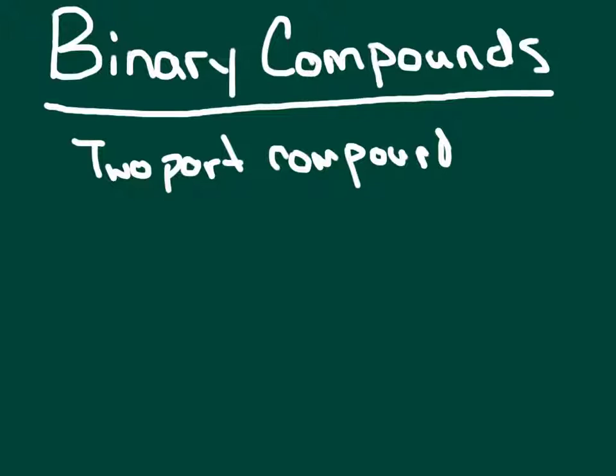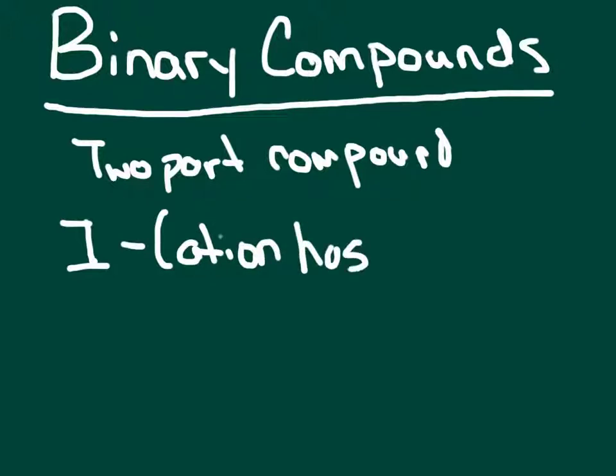There are three types of binary compounds. There's type 1, which is ionic, and in this case, type 1, the cation has only one charge. It will never have a different charge. So this is your group 1 and group 2 cations, and then a few of your group 13 cations.